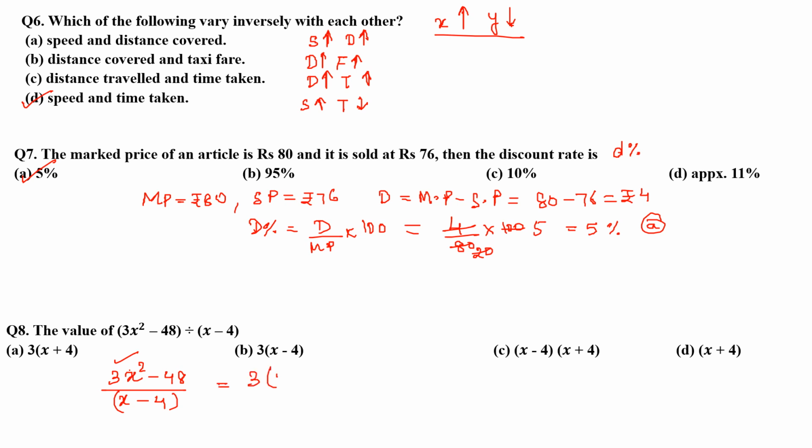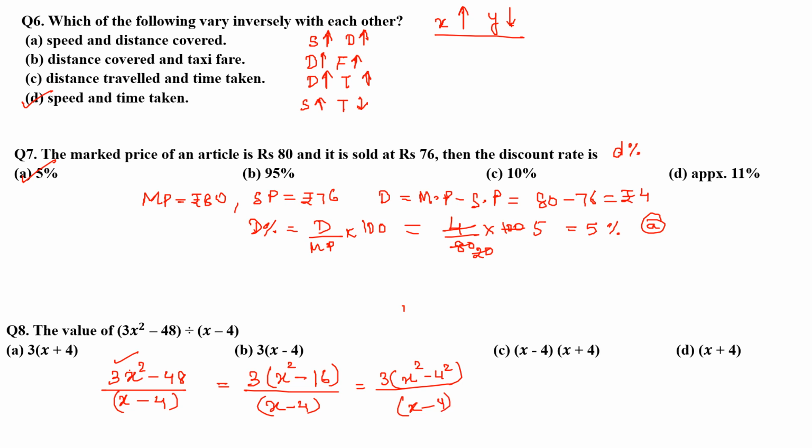So I will be left here with x square and here I will be left with 16 divided by x minus 4. Now again if you focus on the numerator part, 16 is a square of 4, isn't it? So I can write it as x square minus 4 square. So now it will become an identity, isn't it? 3 whole x square minus 4 square equal to x minus 4.